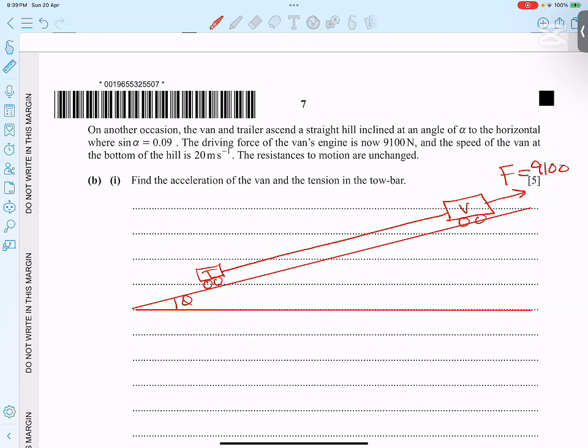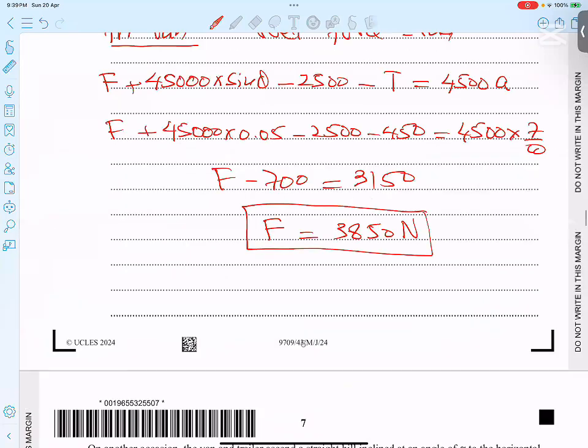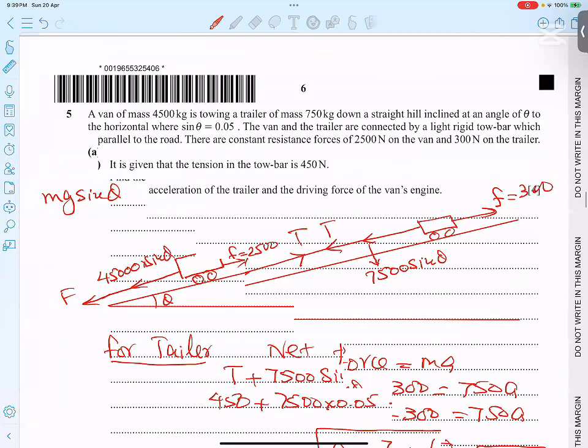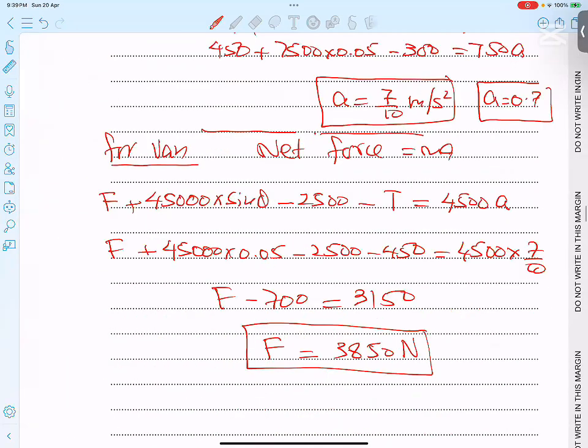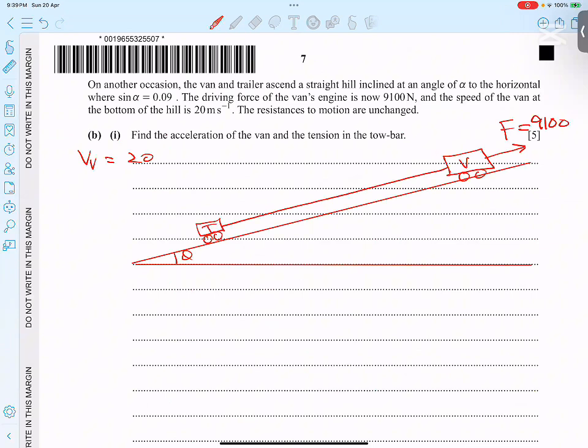And the friction remains unchanged, that you know very well. One friction is 2500, one 300.